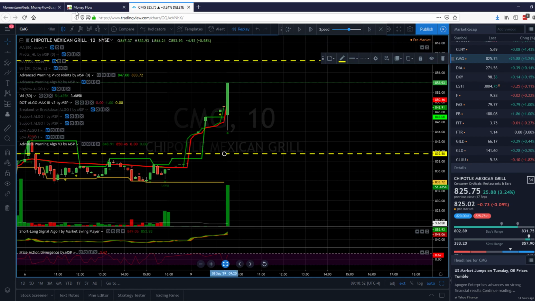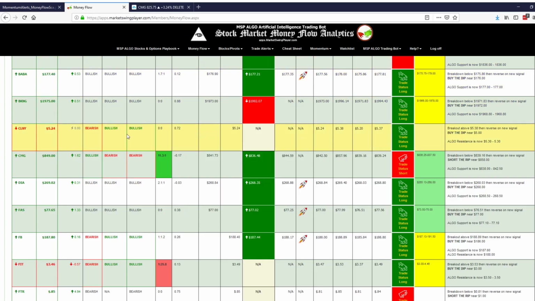What are we told to do? Oh, by the way, it's trying to tell you what is the best trade it thinks, based on analyzing the algos. So you're going to have it pop to resistance, and because it says short the rip, that means it's expecting a pop, but it's not thinking that's the best first trade.